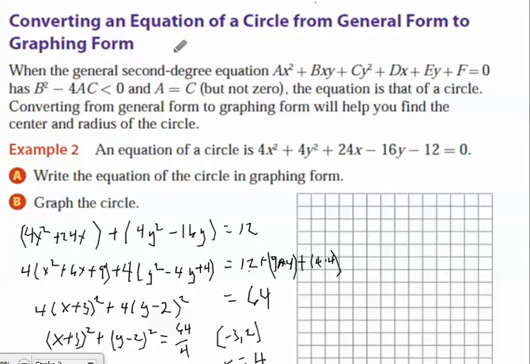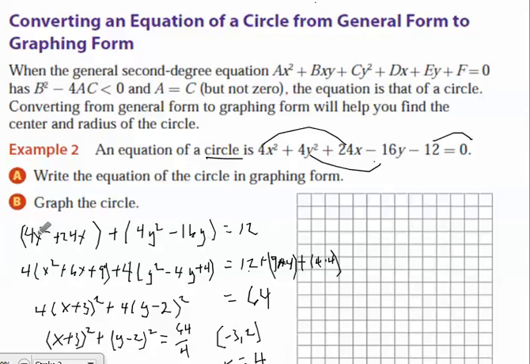So, if I have an equation like this, first of all, I can determine what type of equation it is, but they're telling me it's a circle, so I'm not even going to worry about it too much. I'm going to group my x's together, and I'm going to group my y's together, and I'm going to move this to the other side of the equal sign. So I'm going to have 4x squared plus 24x plus 4y squared minus 16y equals 12.